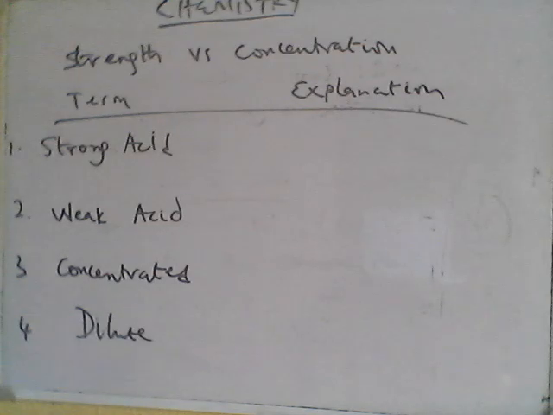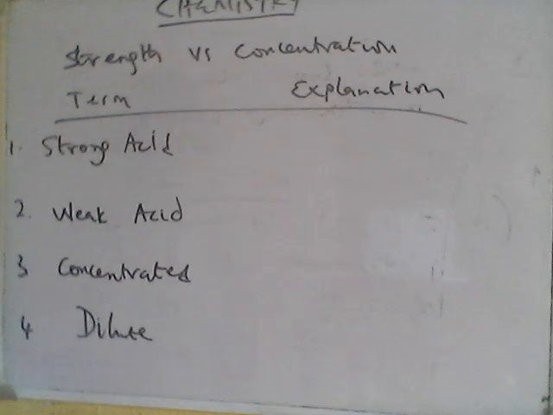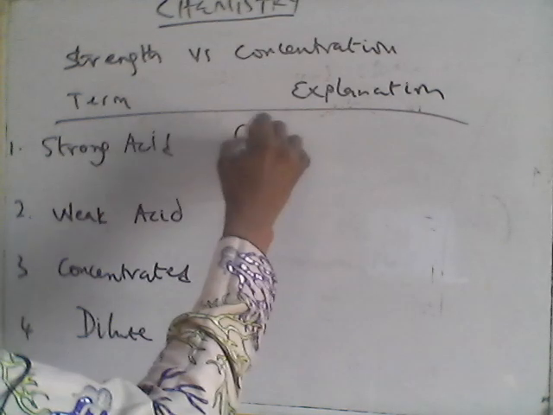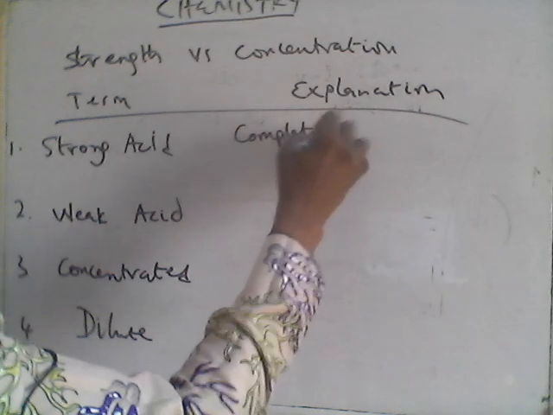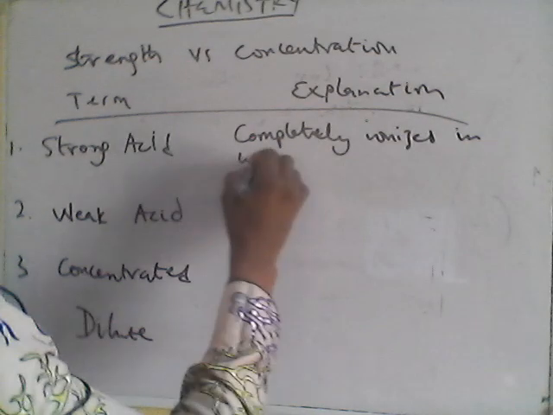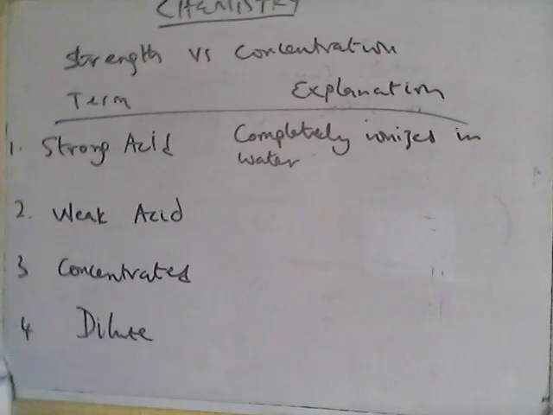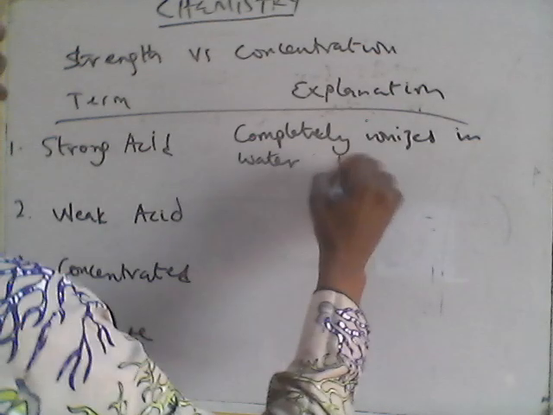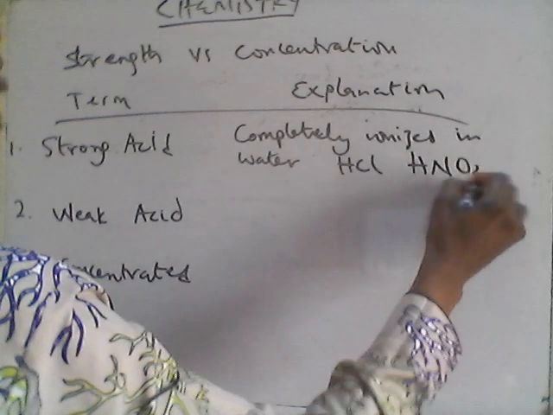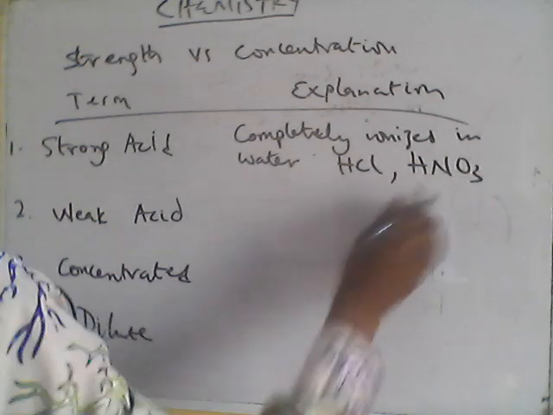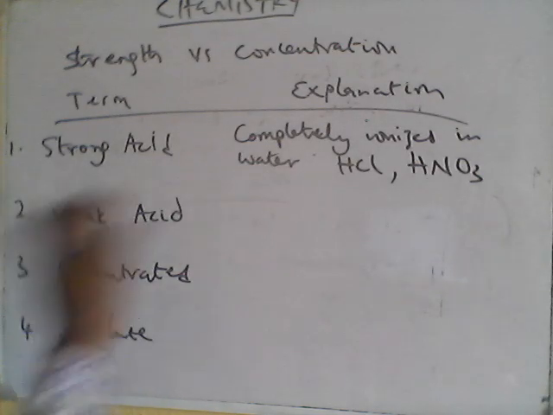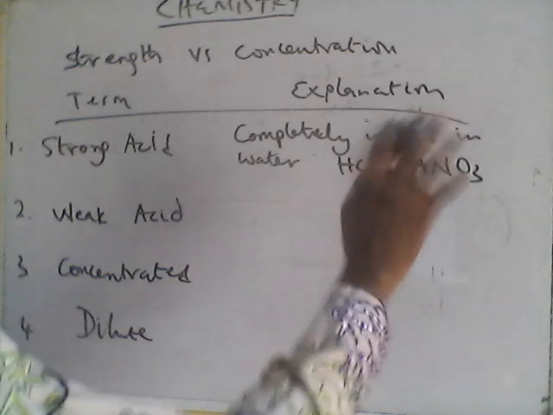If I say strong acid, what I'm saying here is that it completely ionizes in water. So an example of this can be HCl. Another example can be HNO3, hydrogen nitrate. So this one is complete ionization in water.